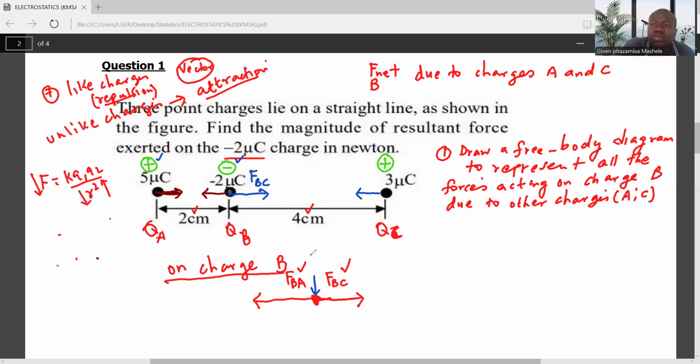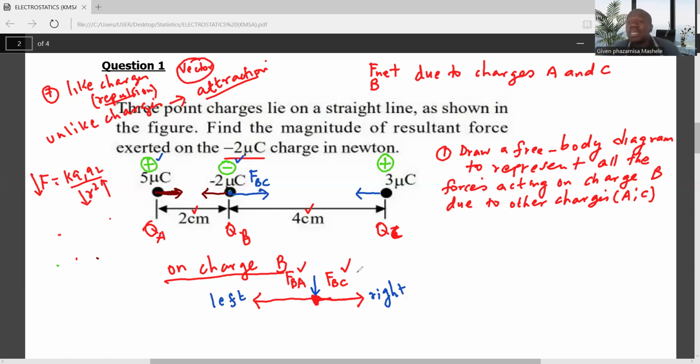So we are going to combine these, but the combination will have a subtracting effect because these 2 forces are not in the same direction. One is directed to the right and the other is directed to the left. I believe you guys are following.